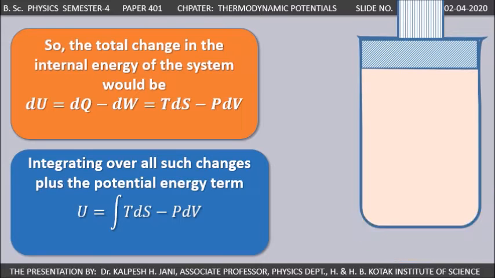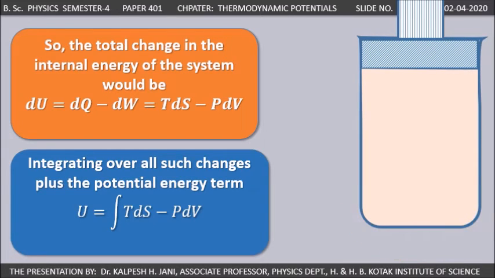Now, during this process, we have kept one thing in our mind, that there is no change in the potential value of the given thermodynamic system. So if we have to represent the overall value of the internal energy of the given system, we shall have to add up these two terms.